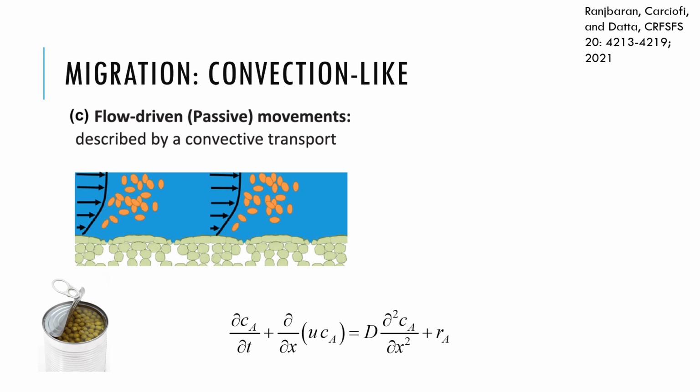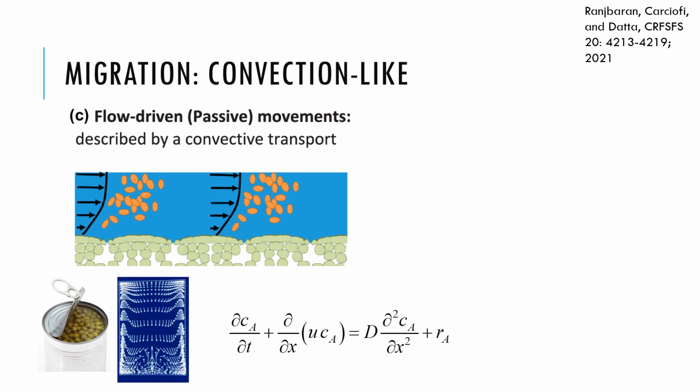If we heat this can without agitating, there are going to be flow patterns set up as shown here. And so the water inside will move depending on which way we are heating and so on. This movement, if there are bacteria in the water, would carry the bacteria. That's a very passive movement.